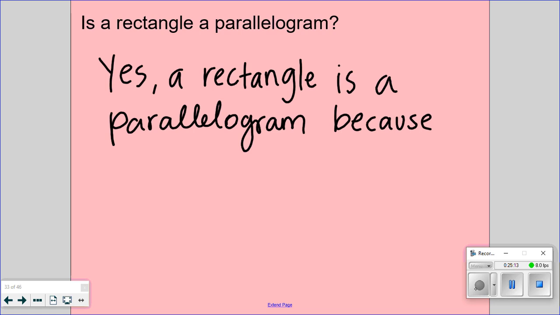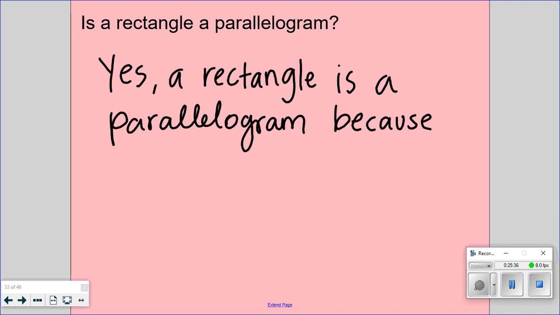Why, Archer? Now, is square corners a rule for being a parallelogram? No. I'm going to shorten that down.